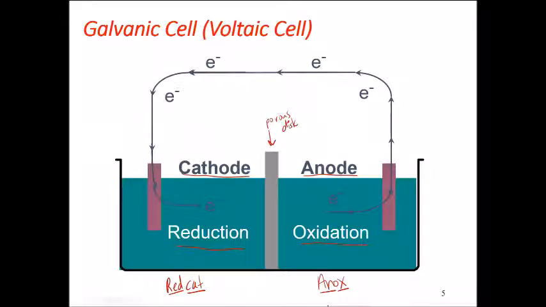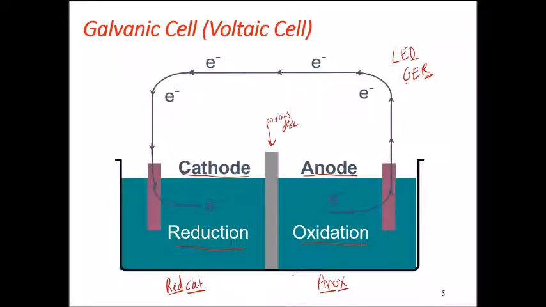So those are the animal references here. Now we used to say Leo the lion says grr, to remember the losing of electrons is oxidation, the gaining of electrons is reduction. An ox, the anode, is where oxidation takes place. Red cat, the cathode, is where the reduction takes place.